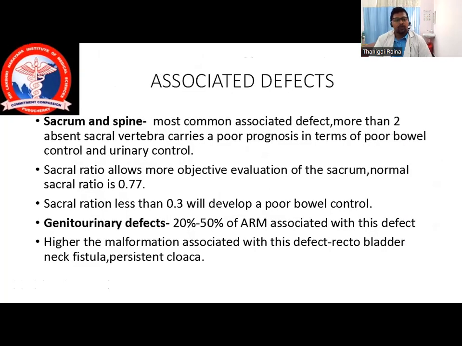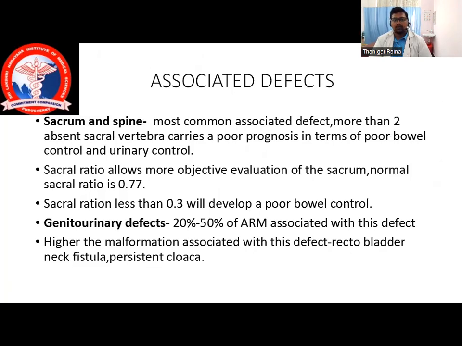So moving on to the associated defects, as I told earlier in the introduction part, 70% of the babies will have associated defects. This associated defect will decide the prognosis of the baby, the survival of the baby. Coming to sacrum and spine, the most commonly associated defect is more than two absent sacral vertebrae, which carries a poor prognosis in terms of poor bowel control and urinary control.